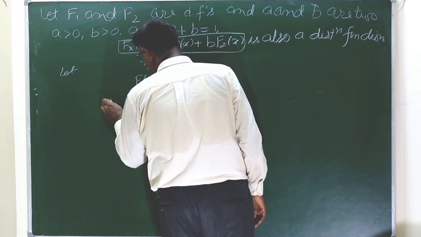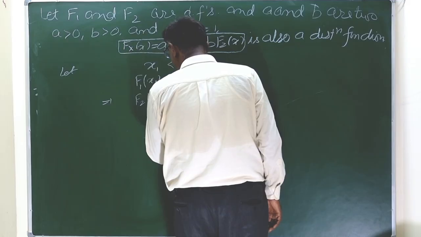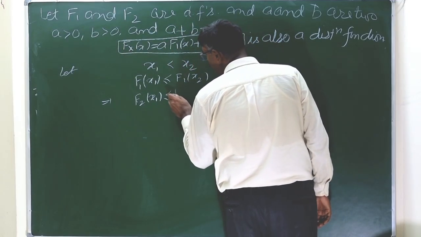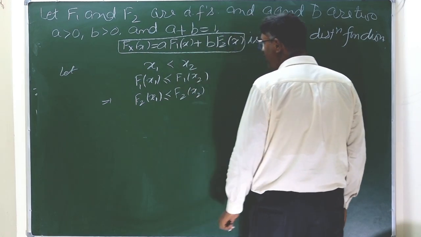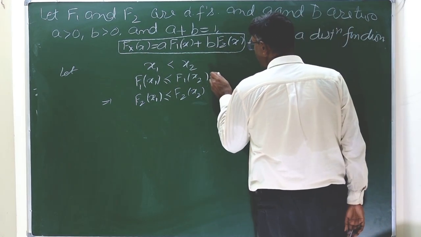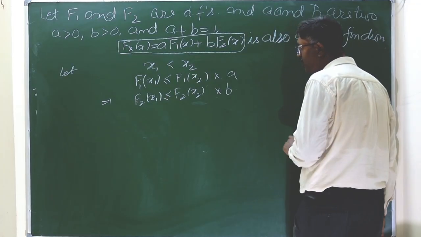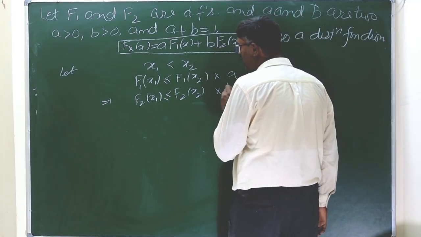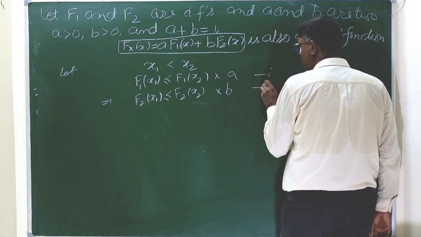Similarly, for f2, f2 at x1 will be less than or equal to f2 at x2. Now we will multiply this inequality by a and this inequality by b, and we'll add both the inequalities. This is equation 1 and this is equation 2.